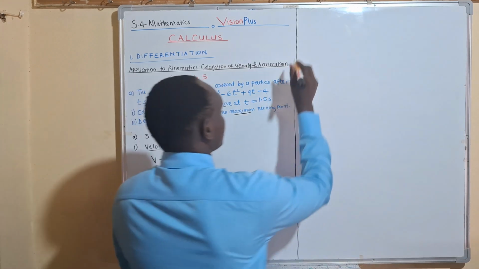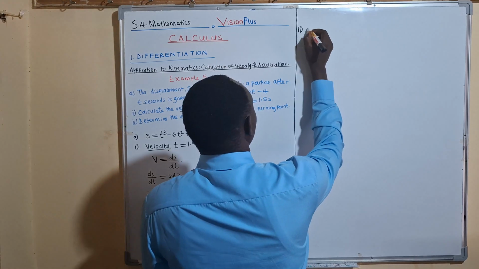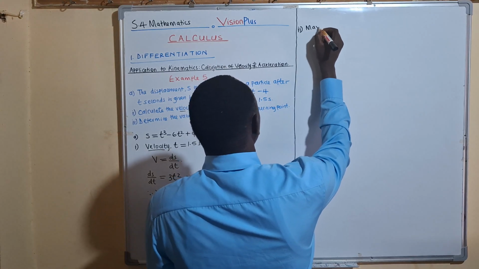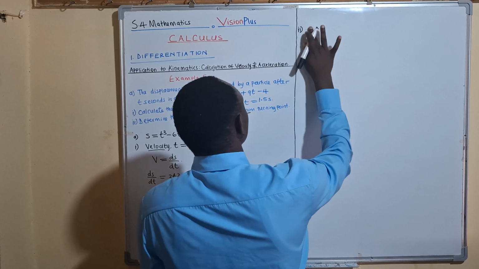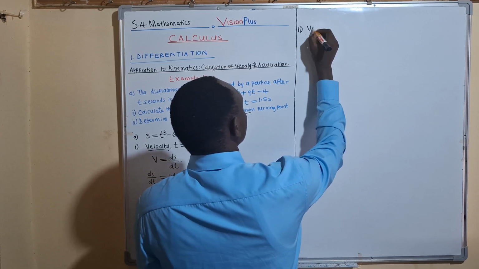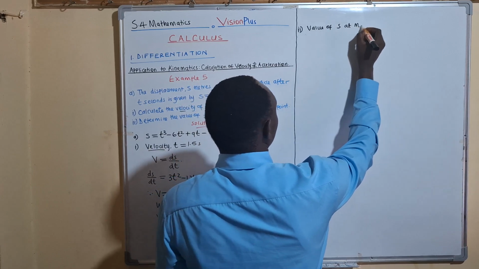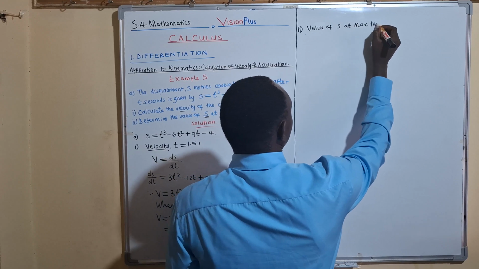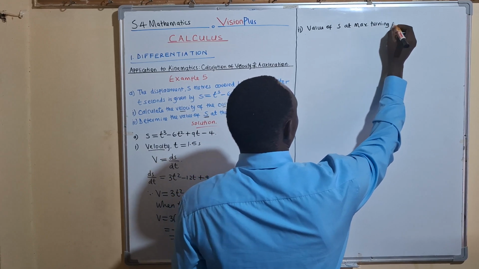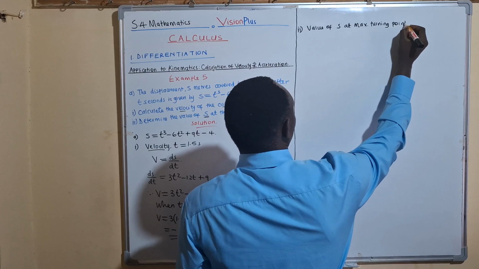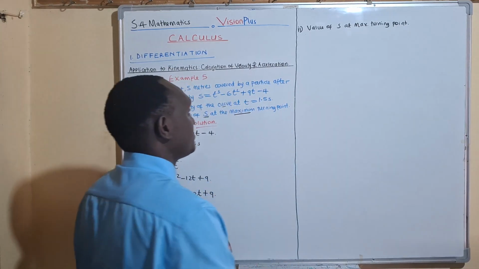So part B, Roman 2, is the value of s at the maximum turning point. So let us first get the maximum turning point.